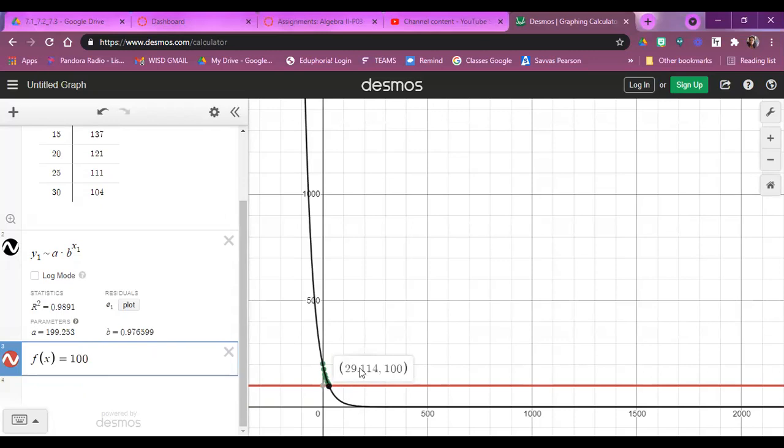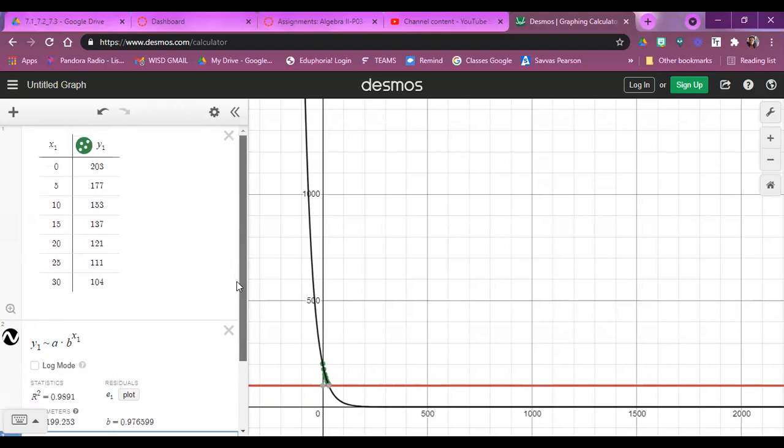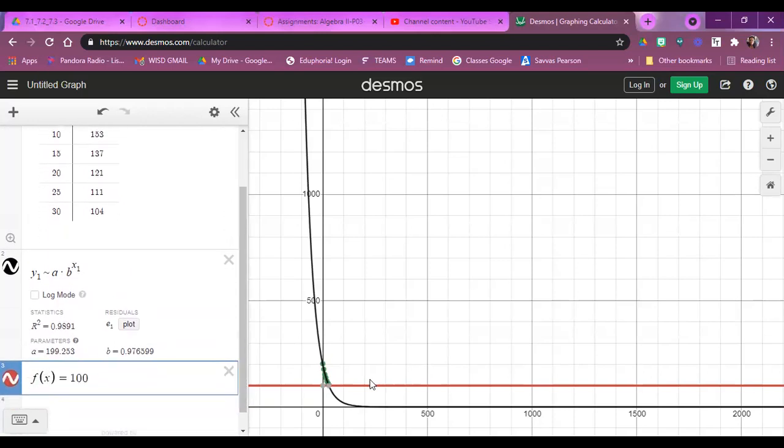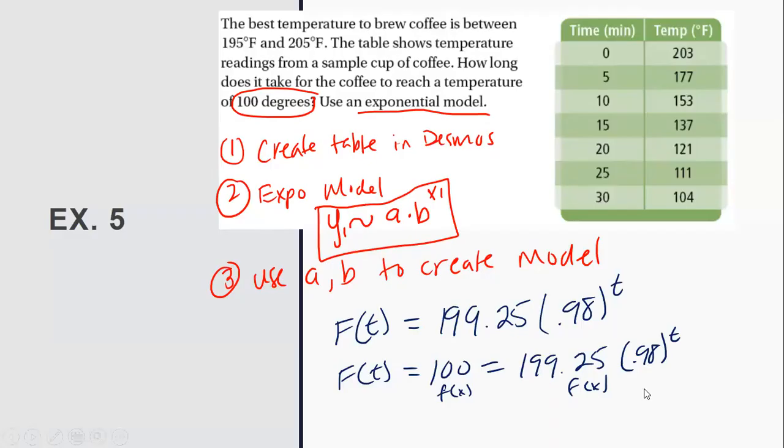And they intersect after approximately 29.1 minutes. Do we see that? So my answer is t is approximately 29 minutes.